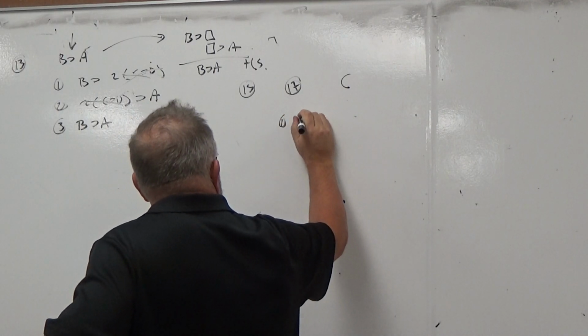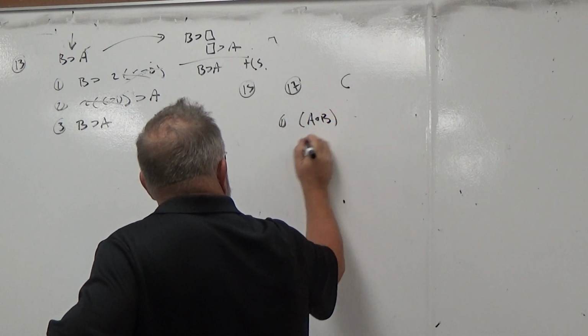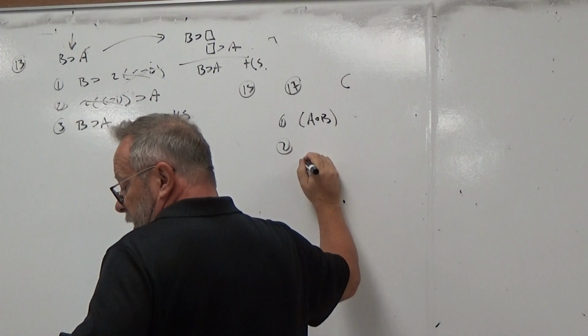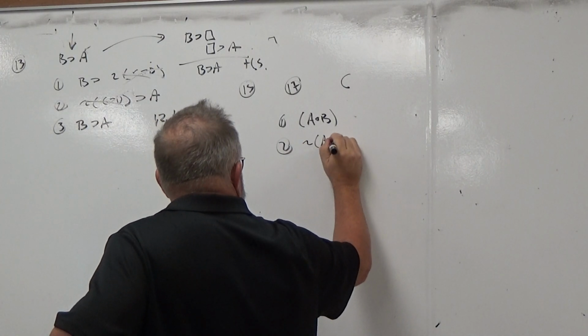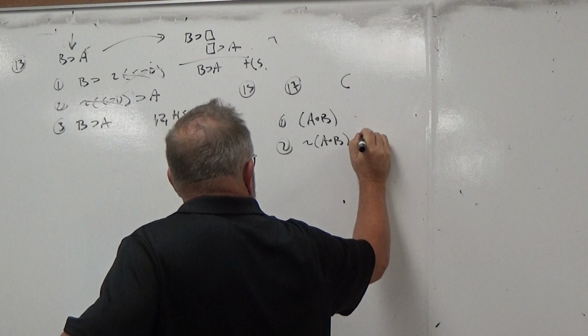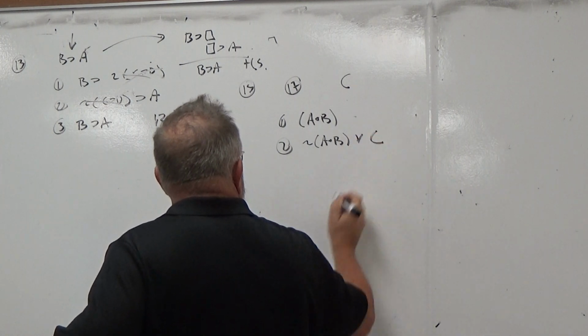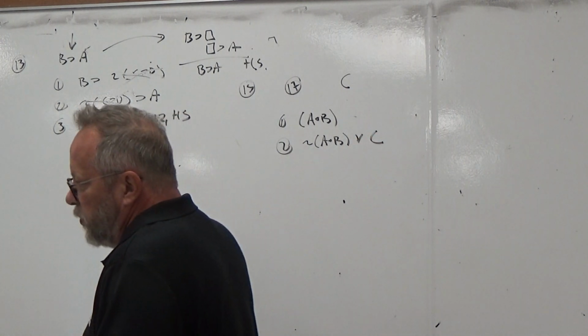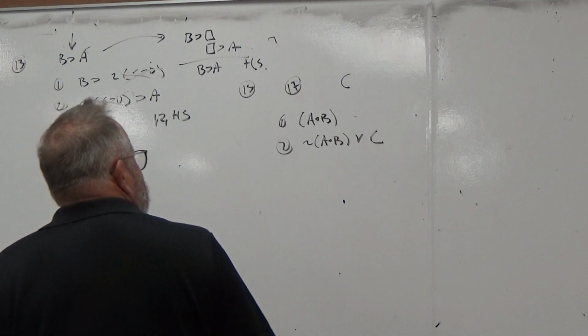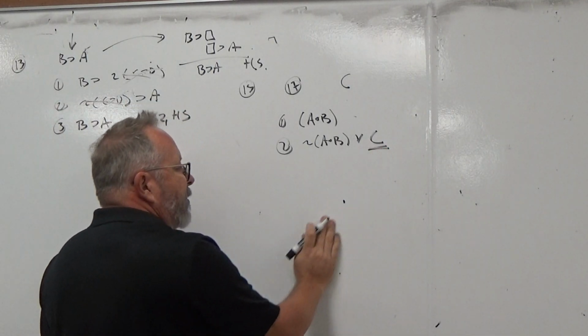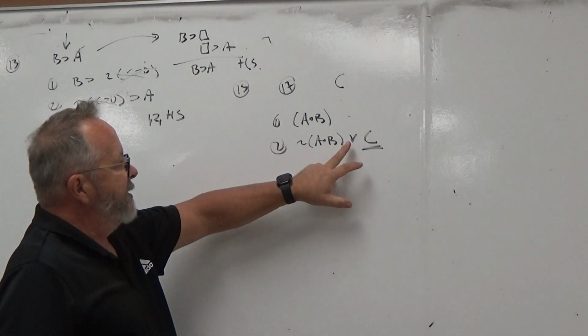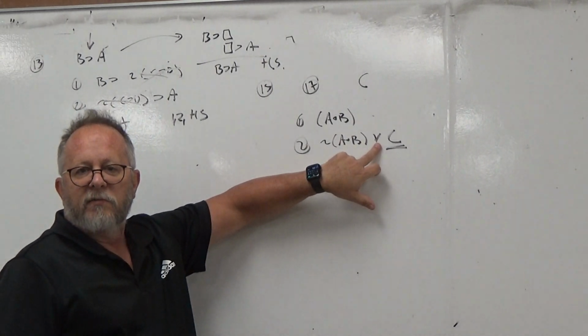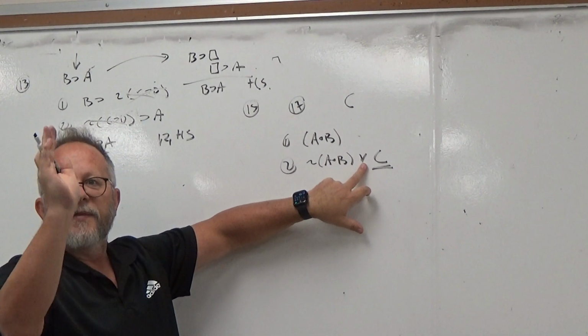We have A and B, and we have not A and B or C, okay? So first things first, we look for what we need. A C, there is a C right here. Now the key is to notice it's part of a disjunction, right? This or that.